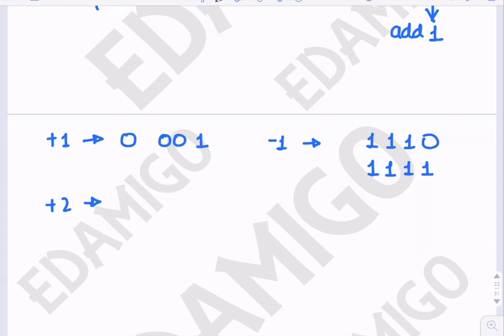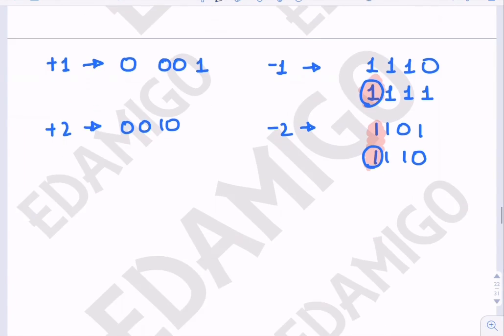Plus 2 is 0010. Minus 2 will be complemented 1101 and then add 1, so it will be 1110. This is the sign bit, and a sign bit of 1 means it is a negative number.